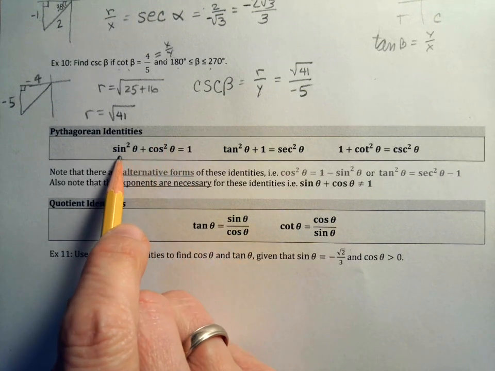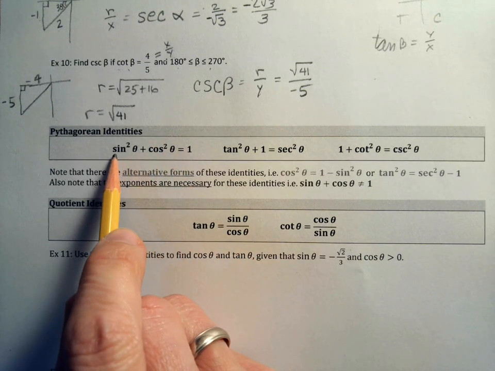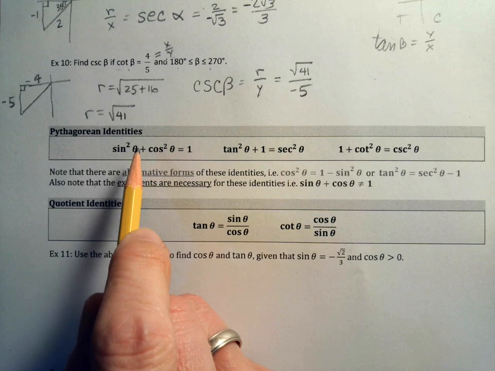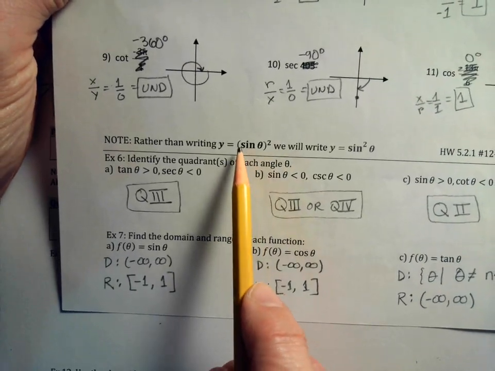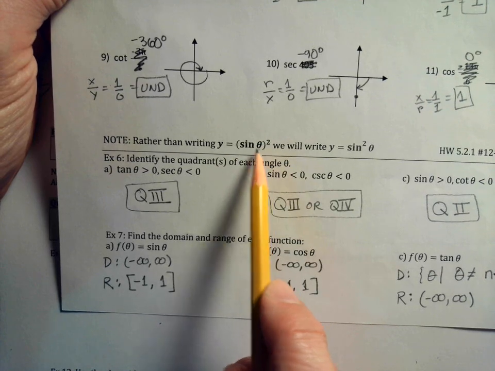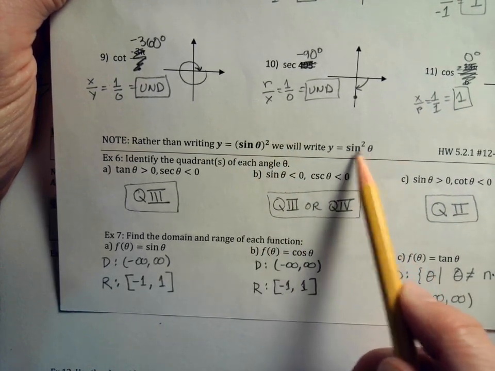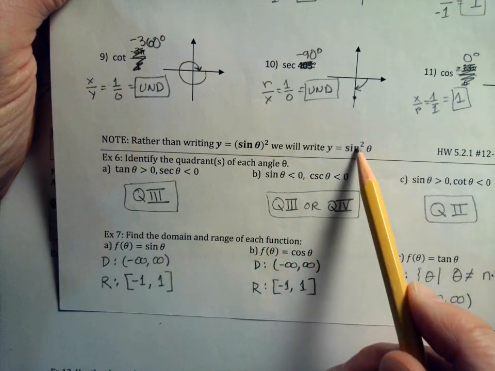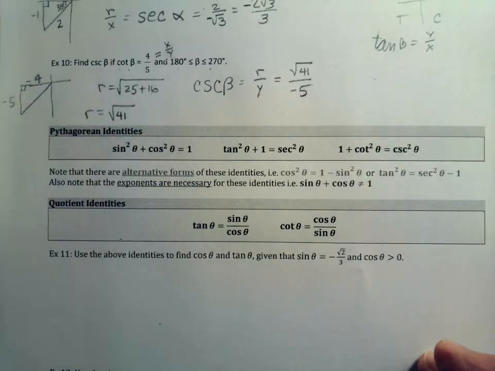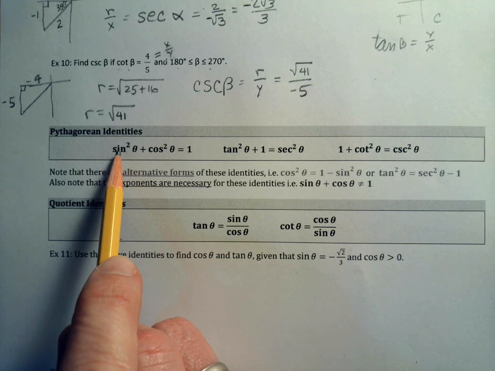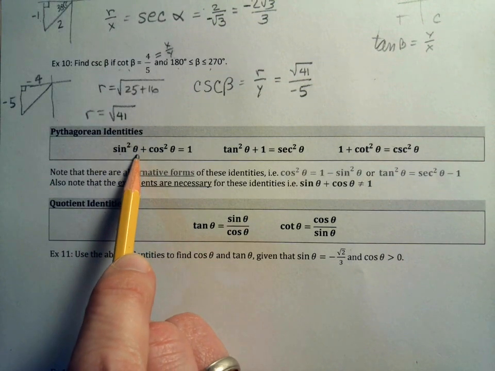But the Pythagorean identities: remember on the last page, instead of saying sine theta, that quantity squared, we write sine squared theta. It means the same thing, just a slightly different notation. So if I take the sine squared of theta, I take the whole ratio.